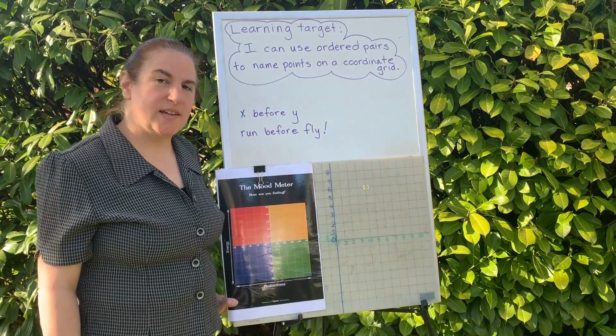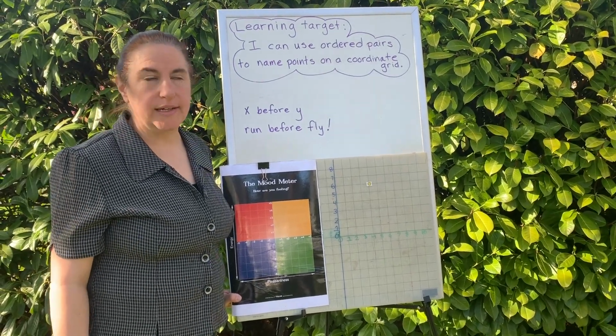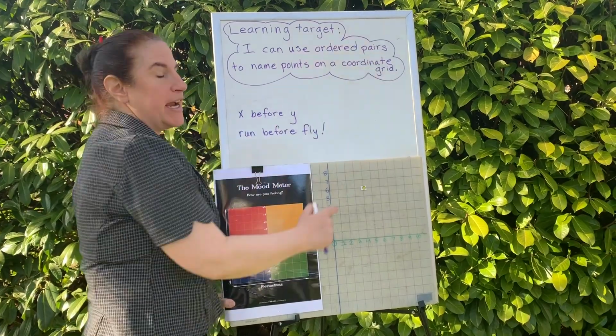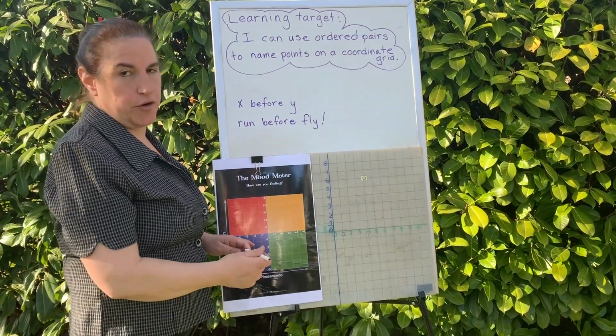There's a special way that we say where things are on a graph or on a coordinate grid, and it's called an ordered pair. That's because we put a pair of numbers down in order.